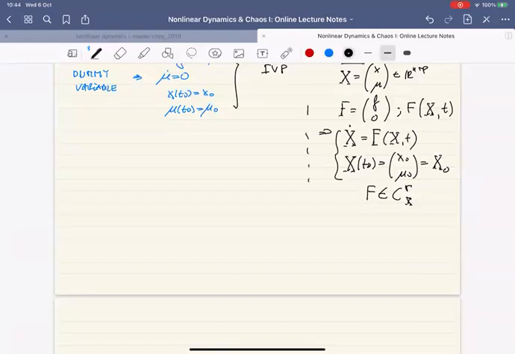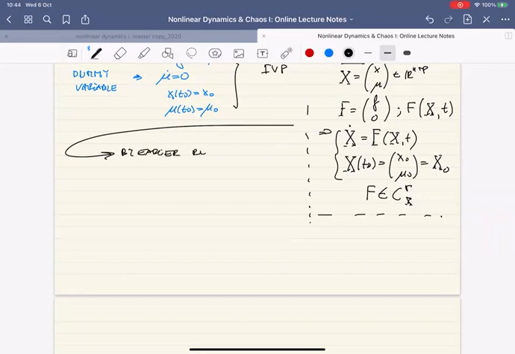So based on what I have here, by the earlier result, I have smoothness of the large extended solution with respect to its initial conditions.